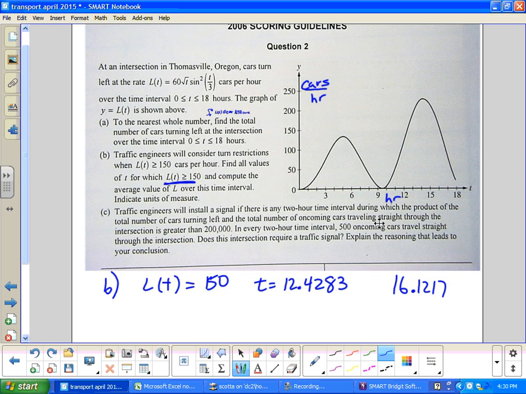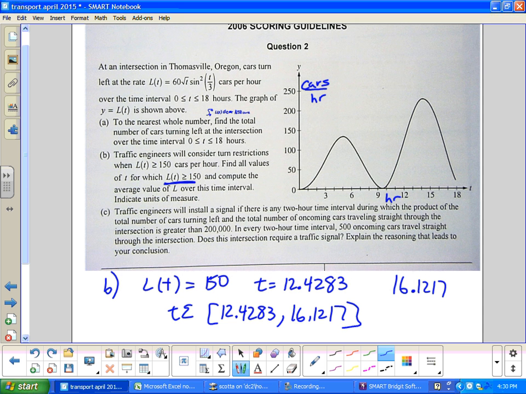All right. So those are the 2 values of t. So the interval would be those 2 numbers. And I would do t as an element. There we go. That's the answer to that portion.